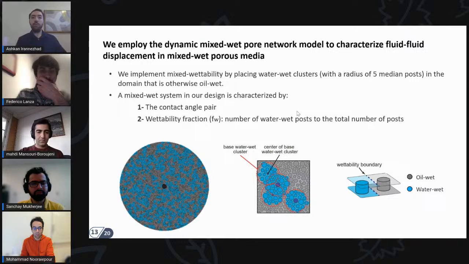So we employ this pore network model to characterize the fluid-fluid displacement in mixed wet porous media. But the very first step to do that is to design different mixed wet cells with different mixed wettability states.